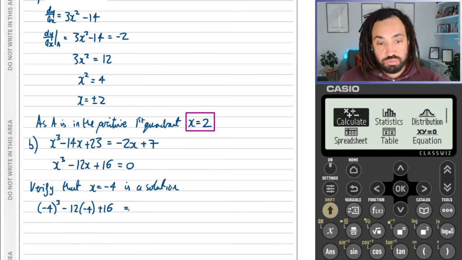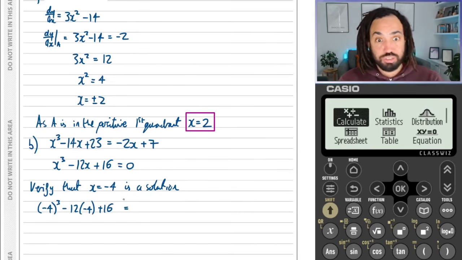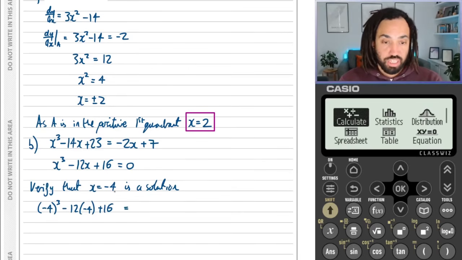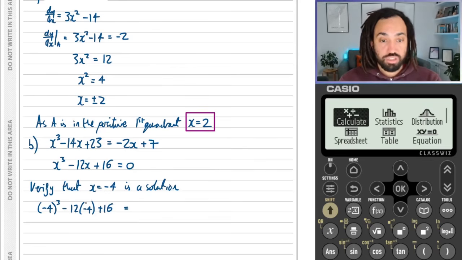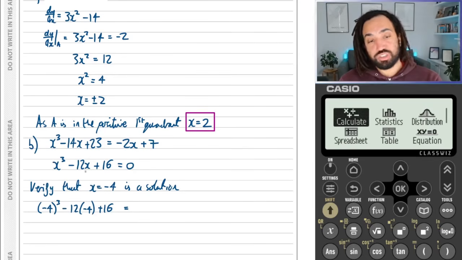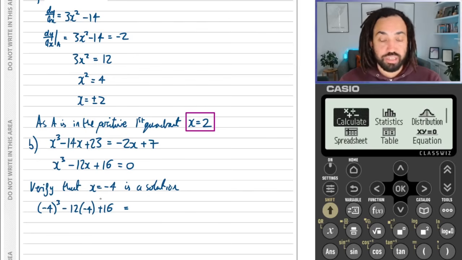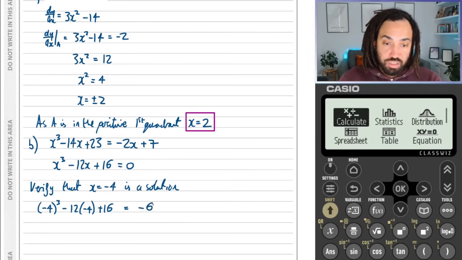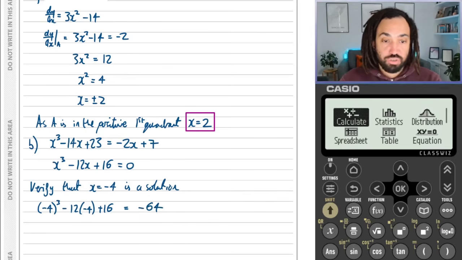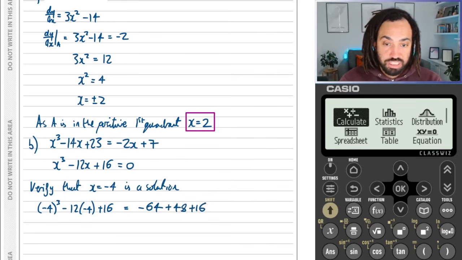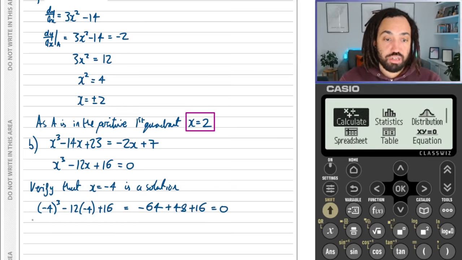And then of course, because we're verifying, we're allowed to use the answer, which is minus 4, as opposed to actually having to solve this equation and showing that it's minus 4. So that gives us minus 64, this gives us plus 48 and plus 16, which equals 0.